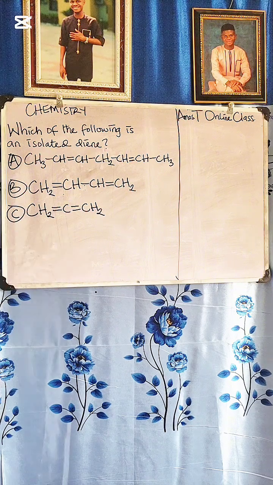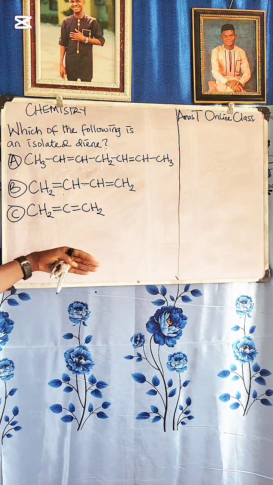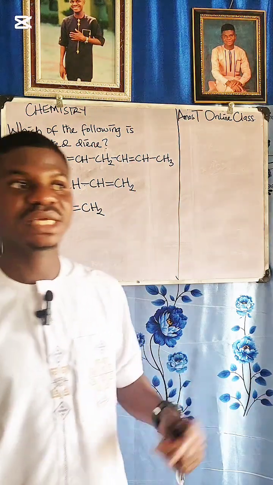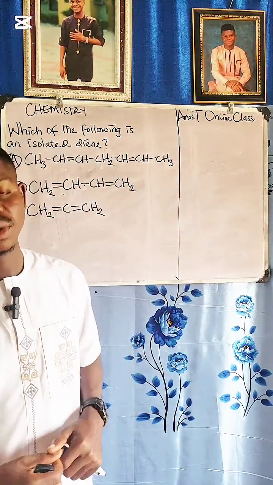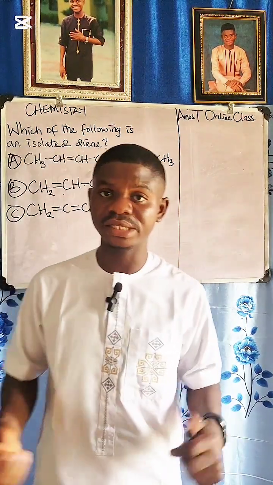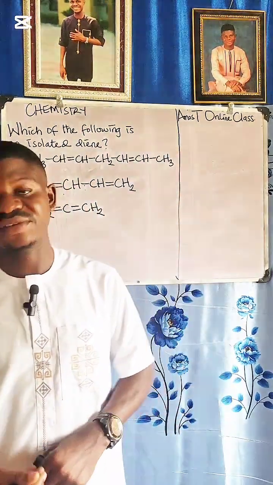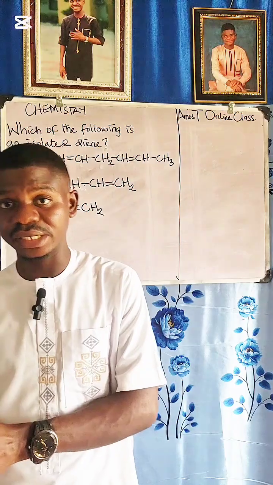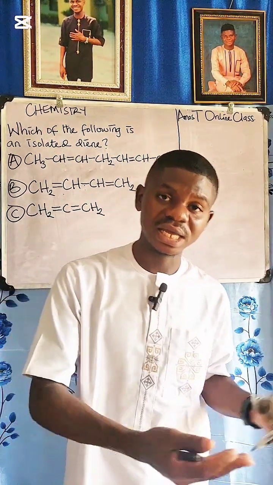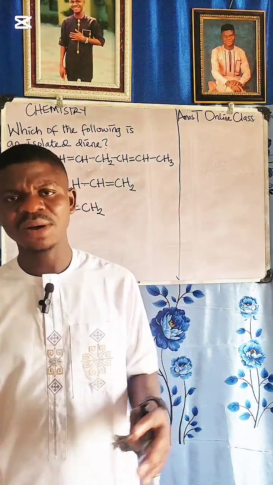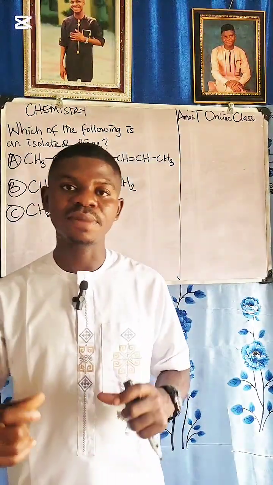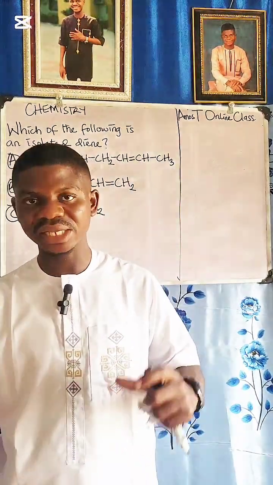Last but not least, we have another diene in option C. Is it a conjugated diene, an isolated diene, or a cumulated diene? We have identified an isolated diene and a conjugated diene, so we're left with a cumulated diene. In cumulated dienes, the double bonds share a central atom.